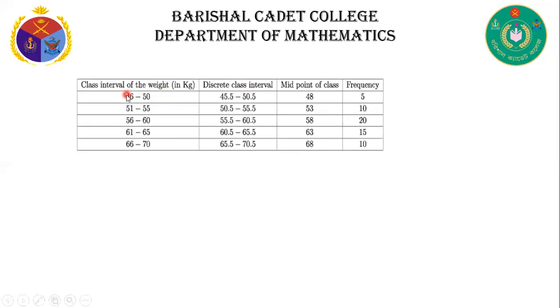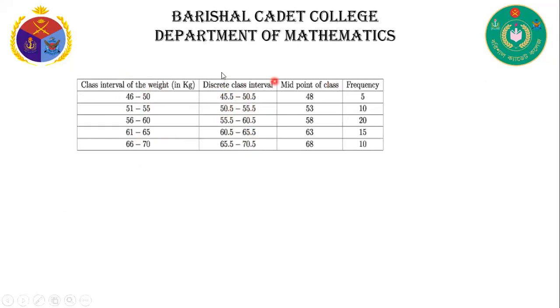Here given 46, now we will start at 45.5, that means 0.5 minus, and here also 0.5 plus, that means 50.5. Then here 50.5, 0.5 minus, and here 0.5 plus. In the same way, we can write the continuous class intervals: 45.5 to 50.5, 50.5 to 55.5, in the same way, 65.5 to 70.5.